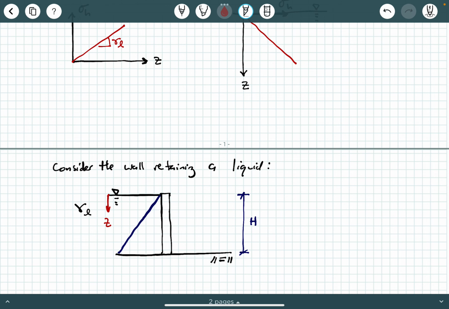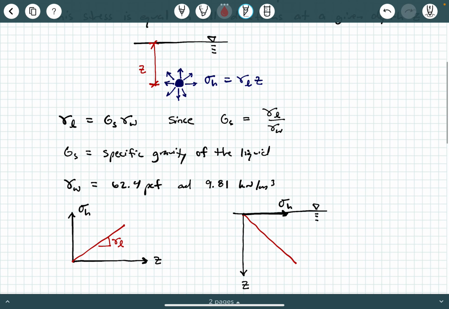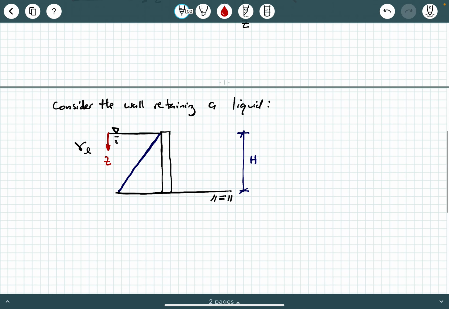Now, again, what we're most interested in for the sake of structural wall design, or in the case of a flood wall design, is the lateral pressure. So remember, hydrostatic pressure exerts an all-around pressure, but if we're interested in the lateral pressure, and we know it's all around, then what we can do is draw this pressure distribution as horizontal, because again, maybe we're only interested in the lateral pressure on the wall, okay?